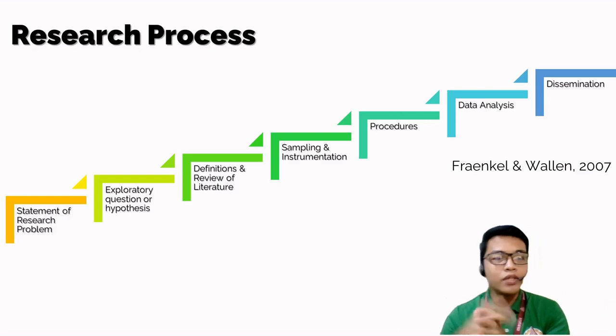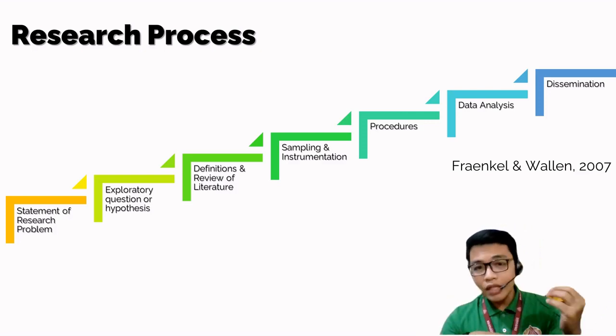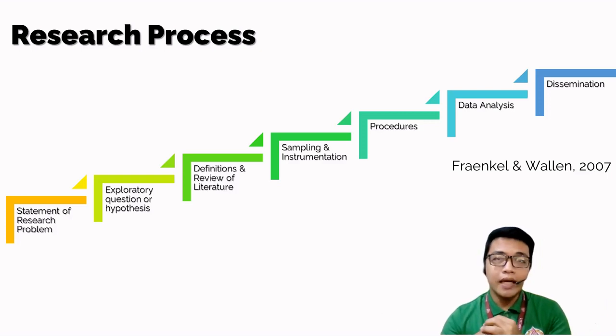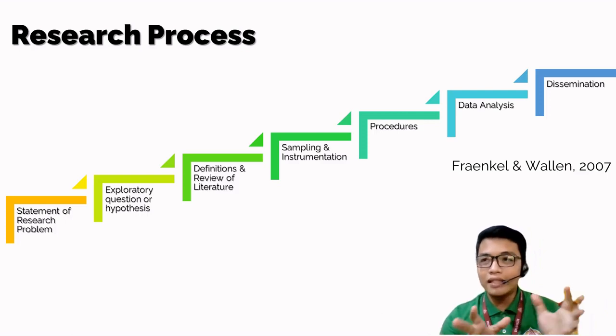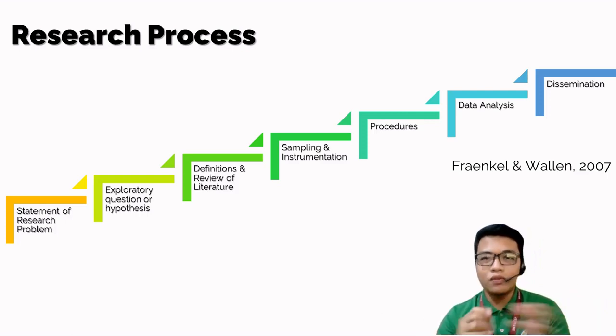So we start off with stating our research problem, creating questions about it, and maybe creating some hypotheses about it. So that you can better understand those questions and hypotheses, we then review the definitions and the literature that surrounds the issue or the problem.